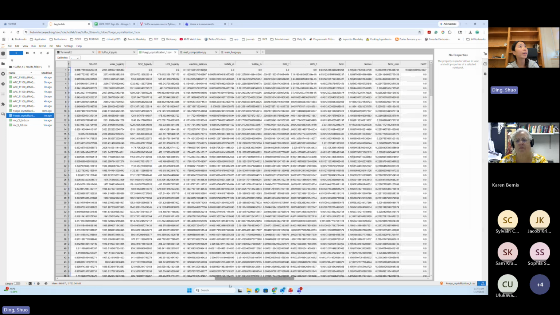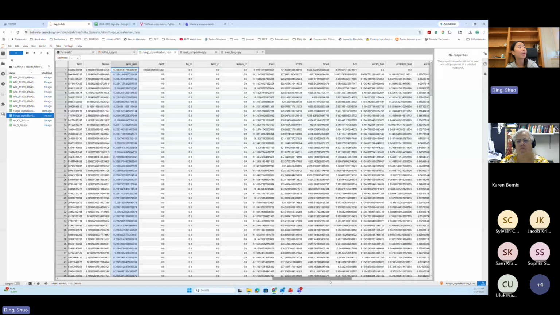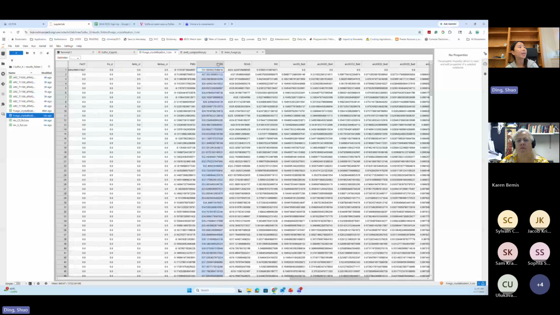We can also look at the ferric iron ratio, which is basically the Fe3+ over total iron. That is another thing people are very often interested in comparing. And here is the calculated sulfide saturation value and sulfate saturation value.